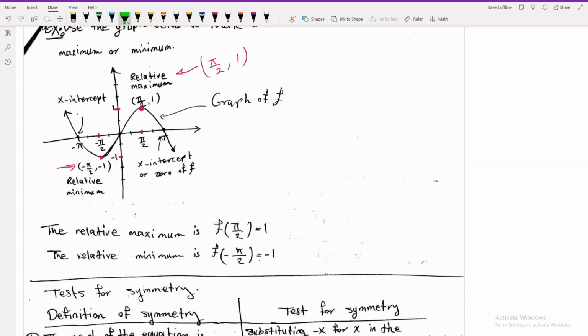So the relative maximum is f of pi over 2, which is equal to positive 1, and the relative minimum is f of negative pi over 2, which is equal to -1. So the largest value that we have for y is positive 1, and the smallest is -1.